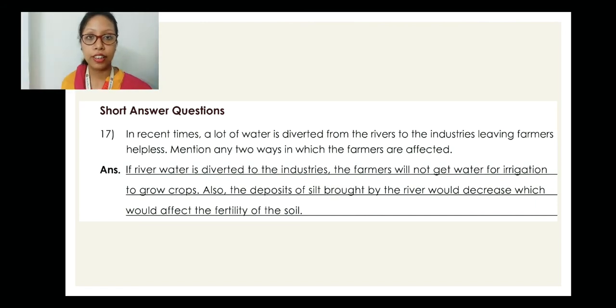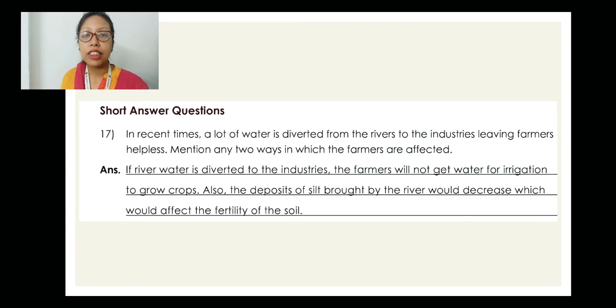Now this is question number 17. Let's discuss this one. In recent times, a lot of water is diverted from the rivers to the industries, leaving farmers helpless. Mention any two ways in which the farmers are affected. So what is happening is, more and more industries are coming up, they are settling up, right?